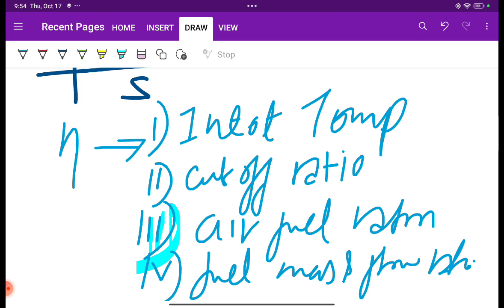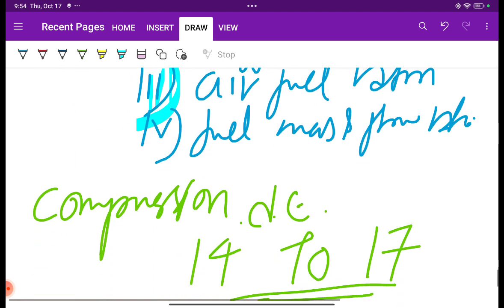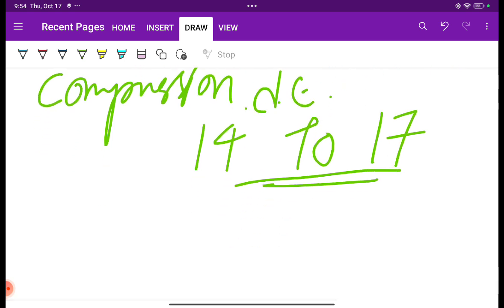The combustion process is relatively slow as the piston moves outward and combustion takes place, compared to the SI engine. So this is the air standard diesel cycle we have talked about. Now we'll see the dual cycle.